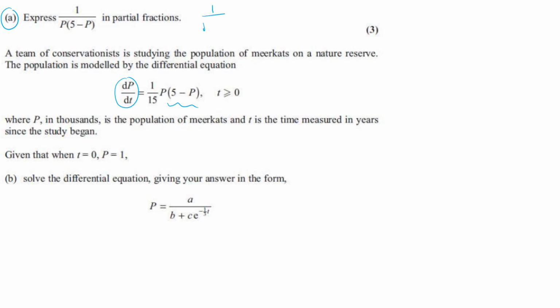It's 1 over p into 5 minus p, two linear factors in the denominator, so that's going to be A over p plus B over 5 minus p. Go clear of fractions by multiplying throughout by that common denominator. We'll get 1 is equal to A with the denominator it's not got plus Bp.